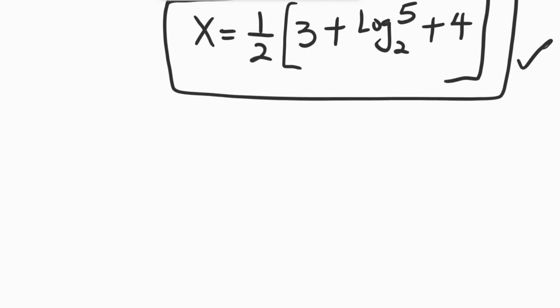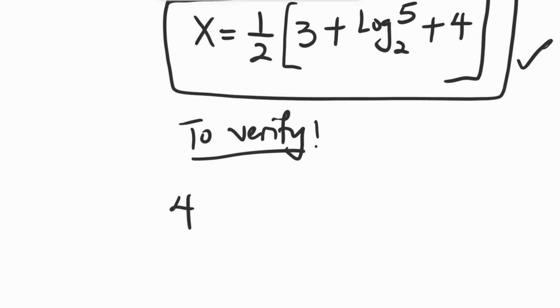Now, we're not going to stop here. We're going to verify to make sure that this value of x is the correct answer. And to do that, we just plug in x into our initial equation, okay? And when we do that and simplify the left-hand side, the value we get should be equal to 40, which is what we have on the right-hand side.